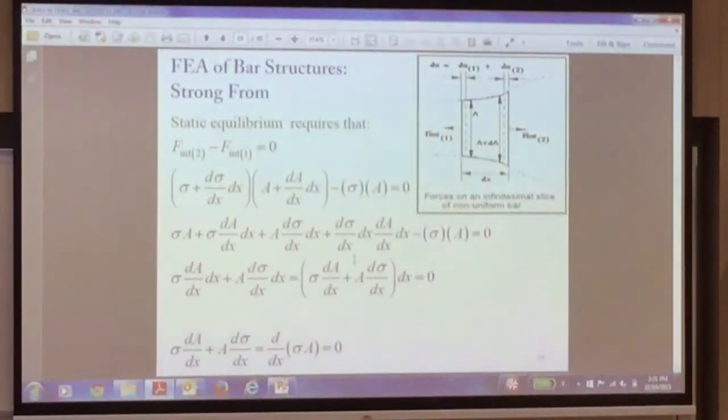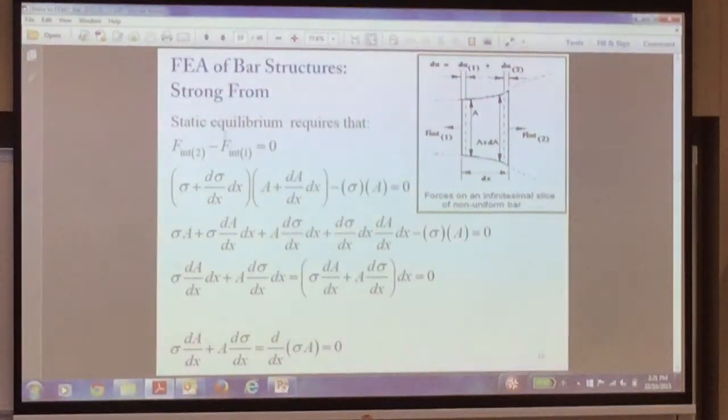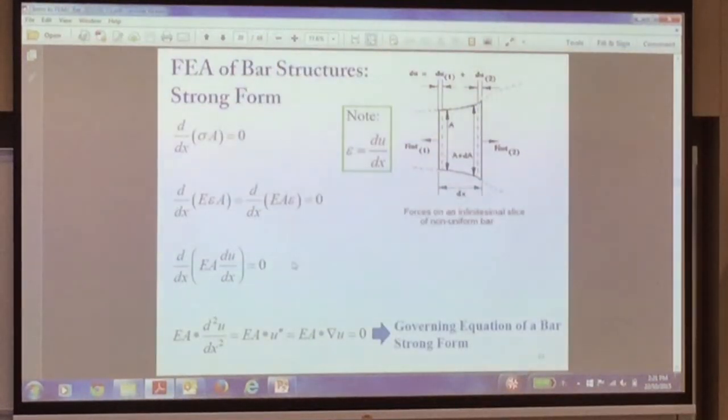First things first, you have to understand that we have a strong form. Analytical solution, exact solution. Finite element is a numerical solution or an approximate solution.